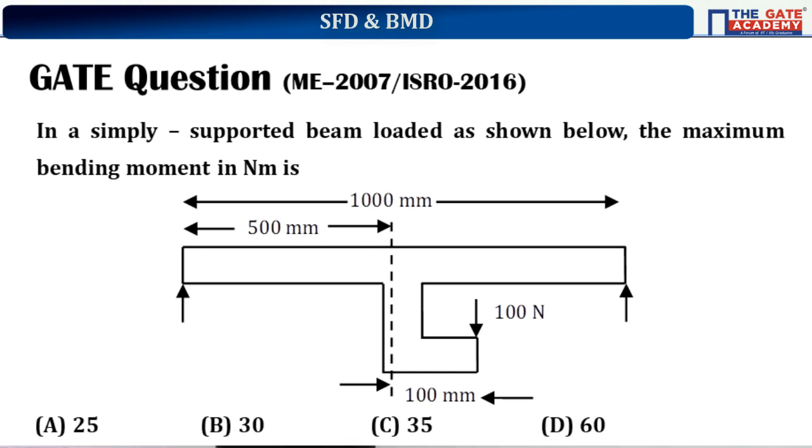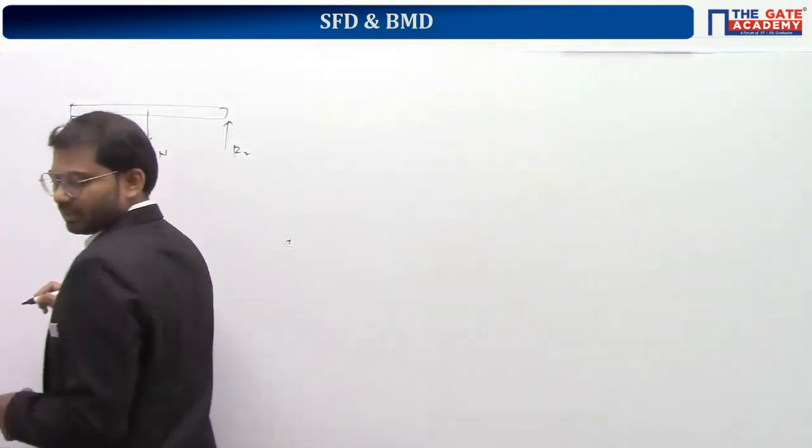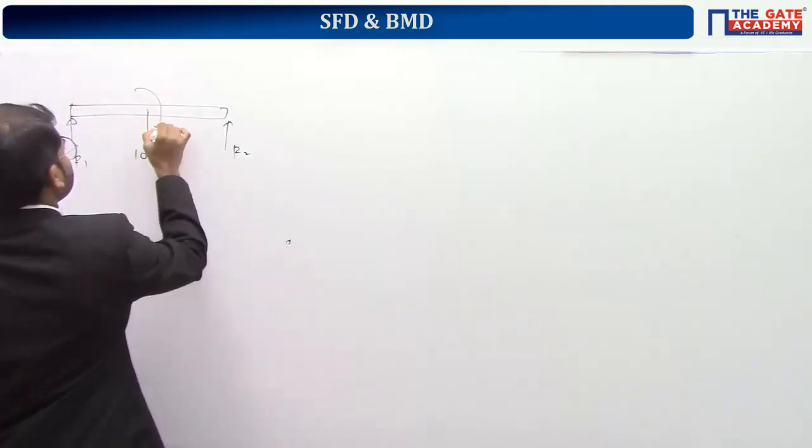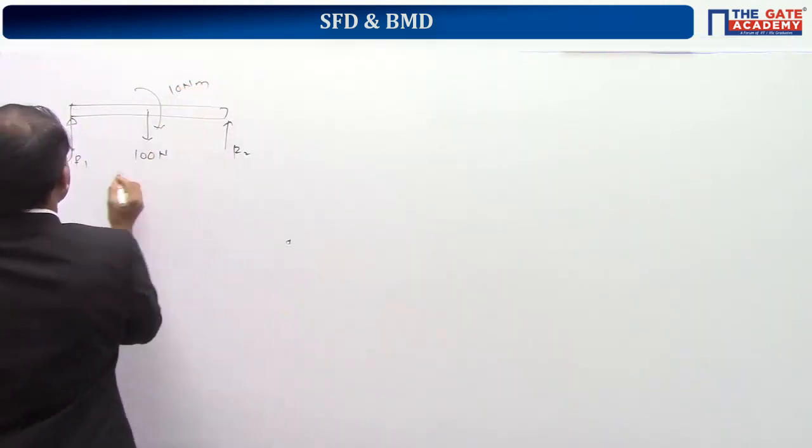If you see the first step which we discussed yesterday, after transferring the load, you will have a 100 Newton load downward and a clockwise moment of 10 Newton meter.